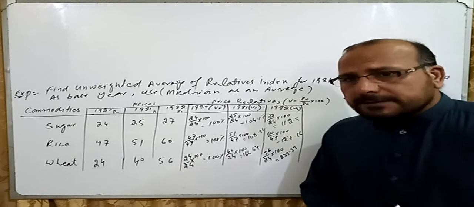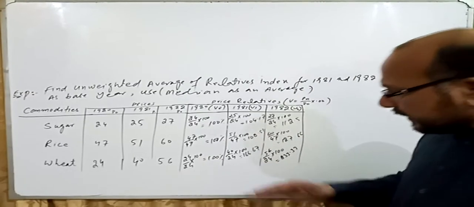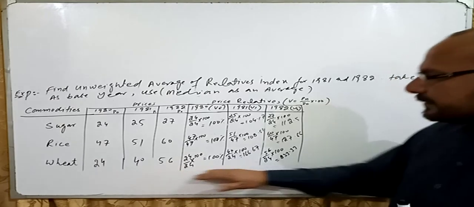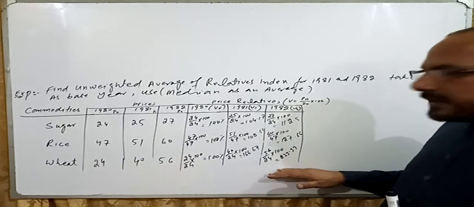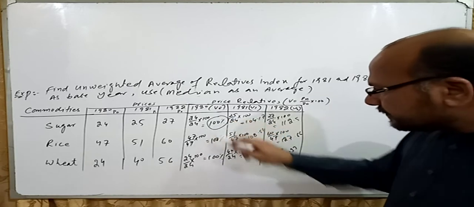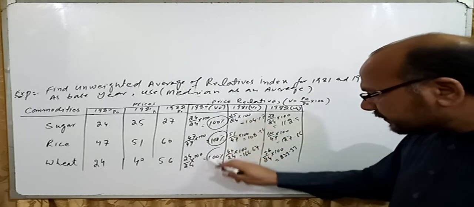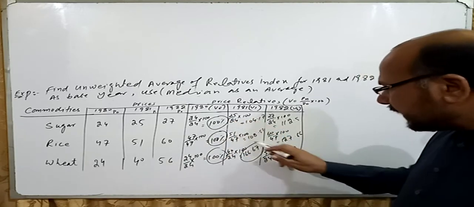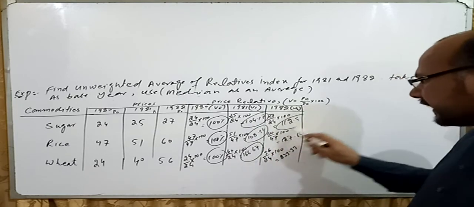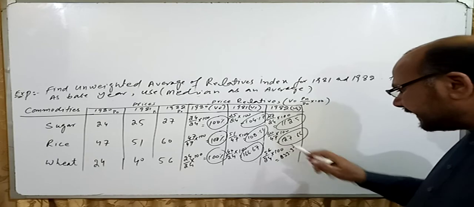After finding the price relatives of each commodity, in case of median we don't need the summation of the price relatives, but we need these values to find the unweighted average of relatives by using median as an average.